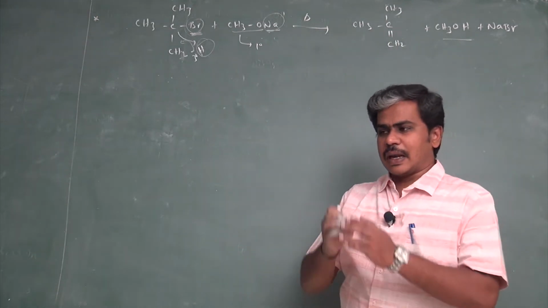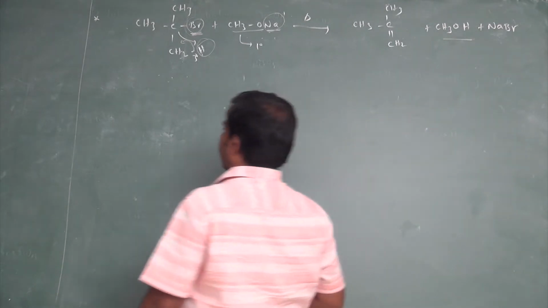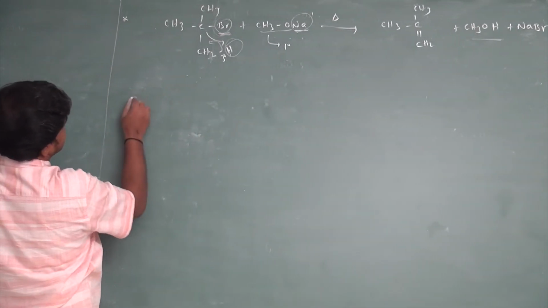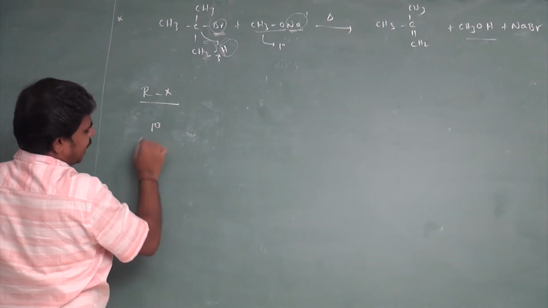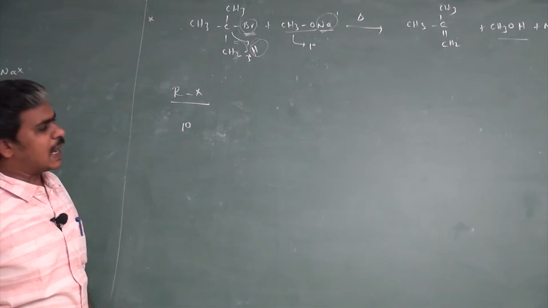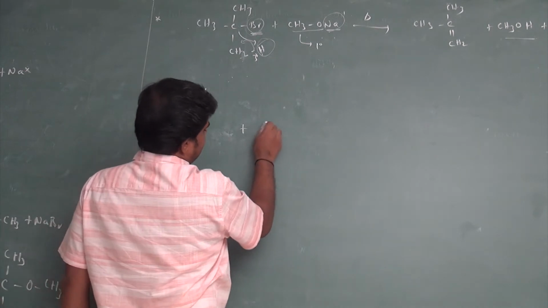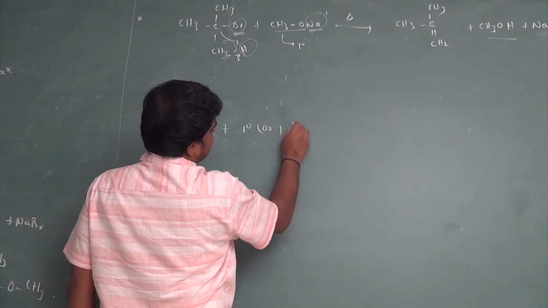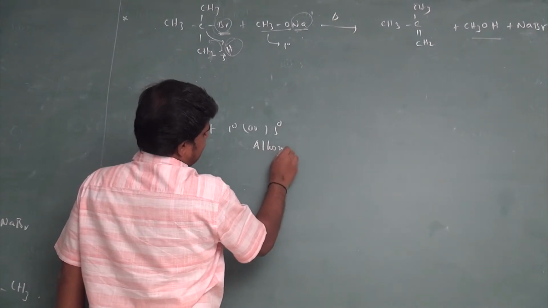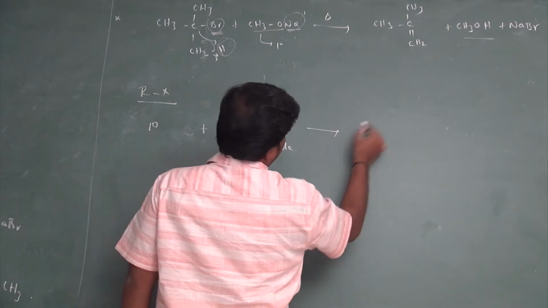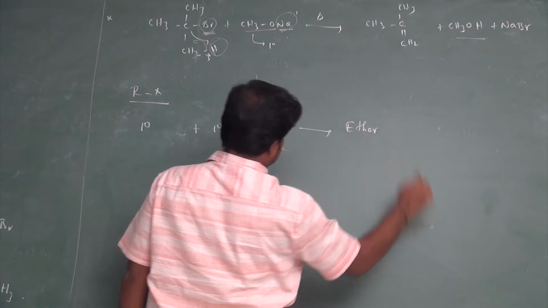So it is very, very important for Williamson ether synthesis. So for Williamson ether synthesis, a primary alkyl halide is reacted with any other, that is primary or tertiary alkoxide, then we are getting an ether as a product.